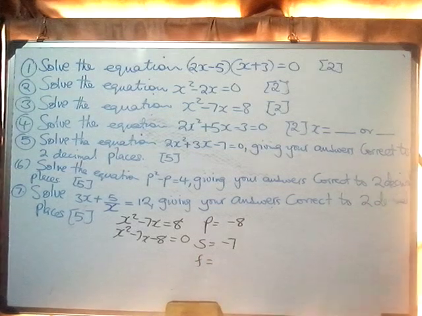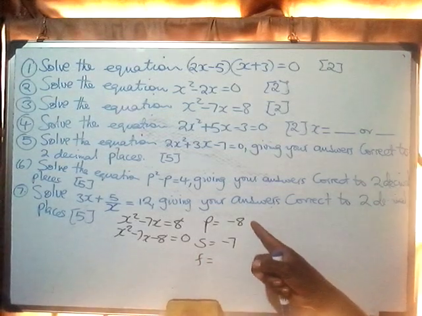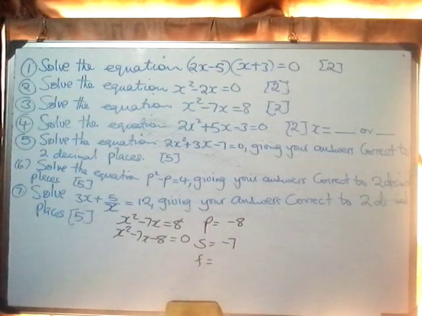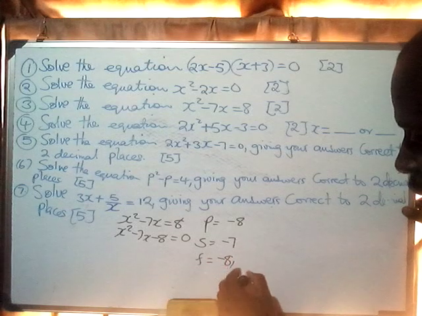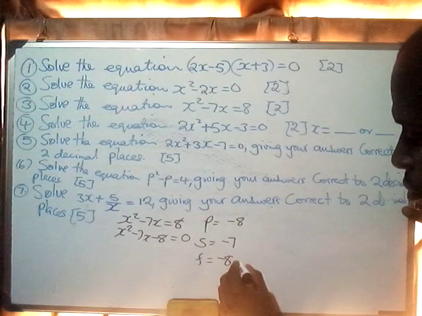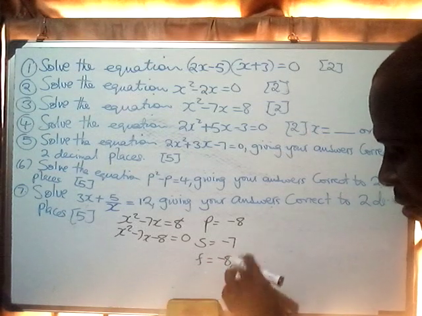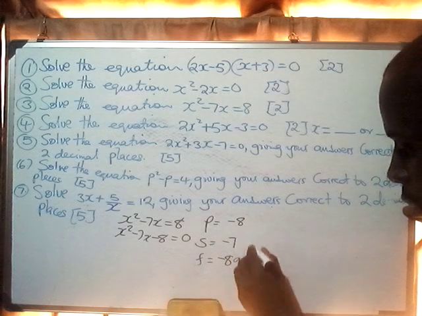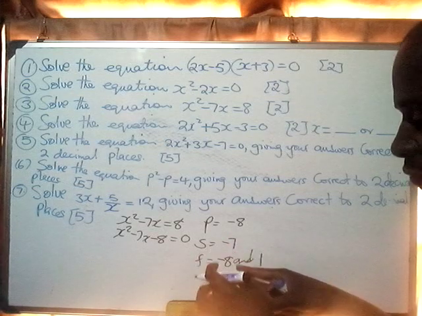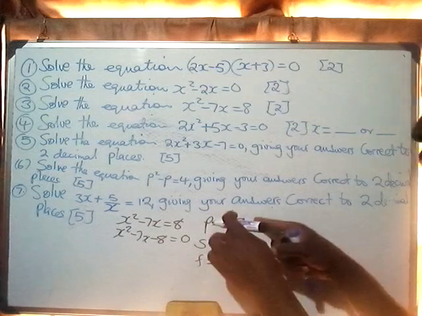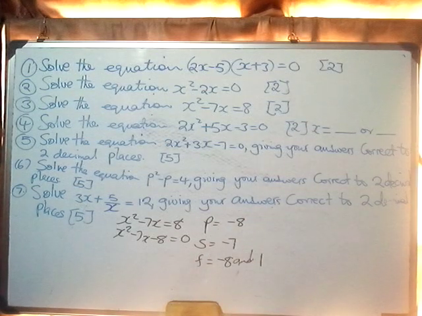My factors are 2 numbers: if I multiply them, I get negative 8, but if I add them, I get negative 7. So the numbers are negative 8 and positive 1. If I add the 2, I'll get negative 7, but if I multiply the 2, I'll get negative 8.